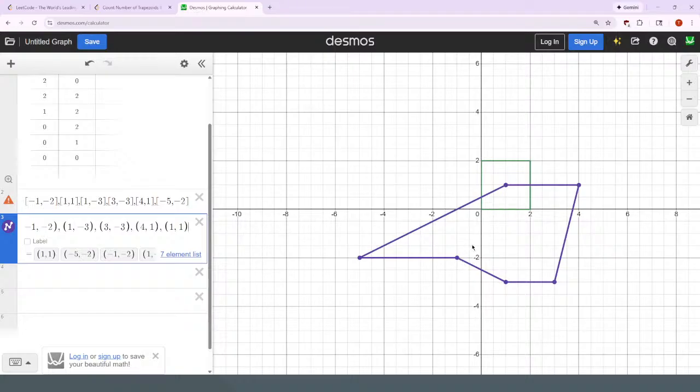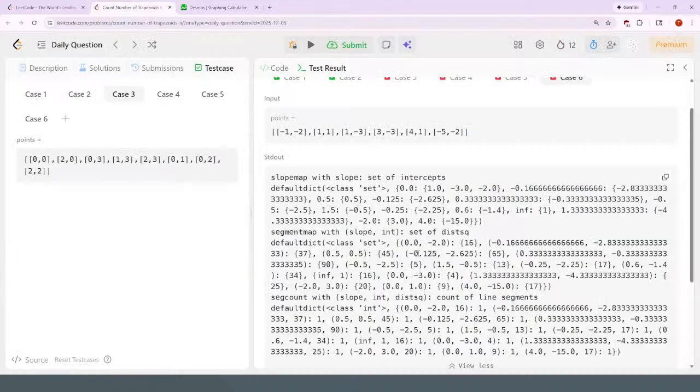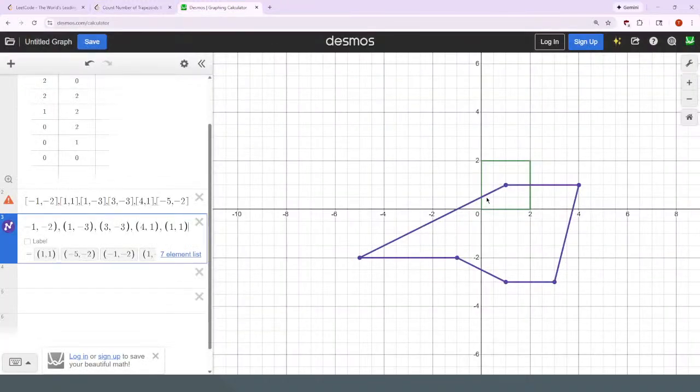Which two points is it going through? Slope of positive 1/2. Can't possibly be these two. Up 1/2.